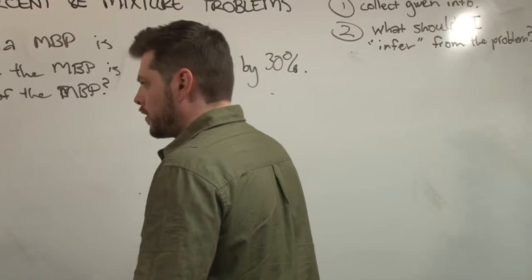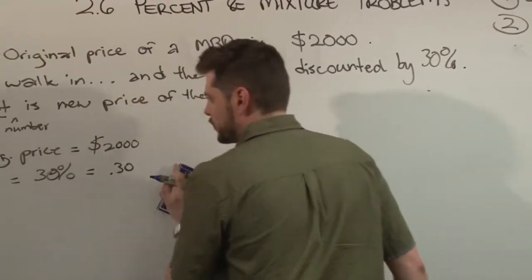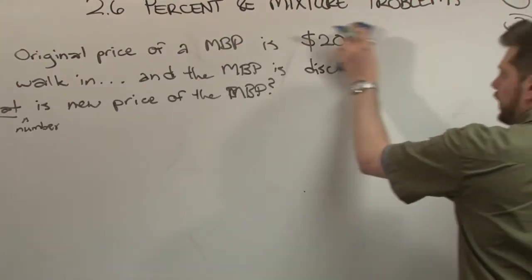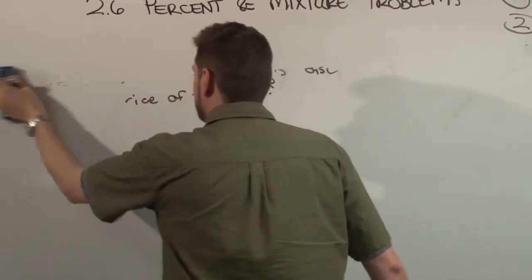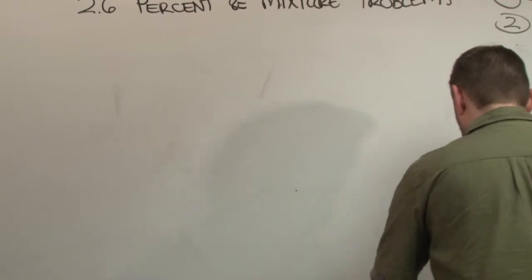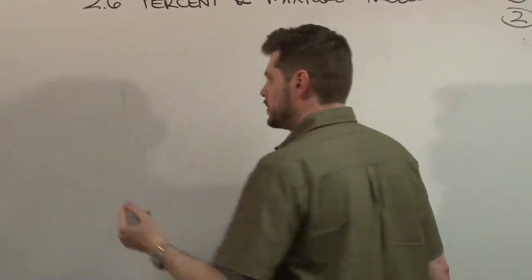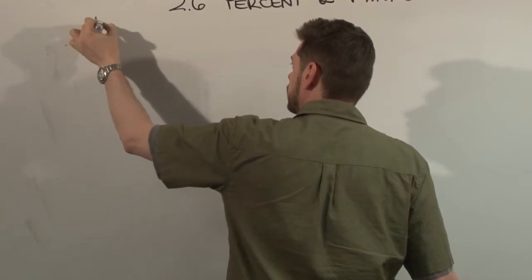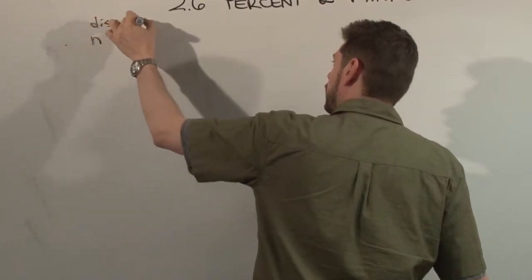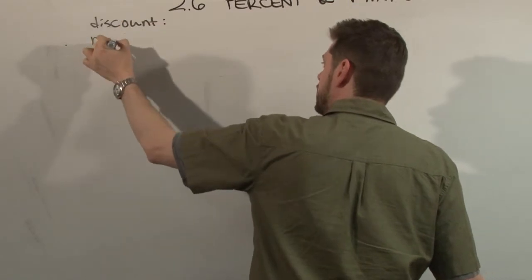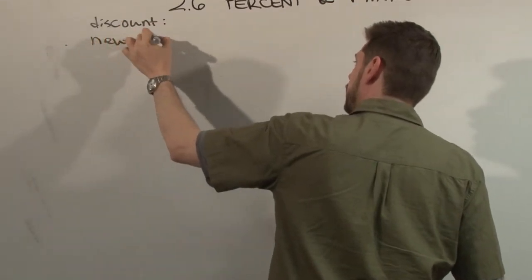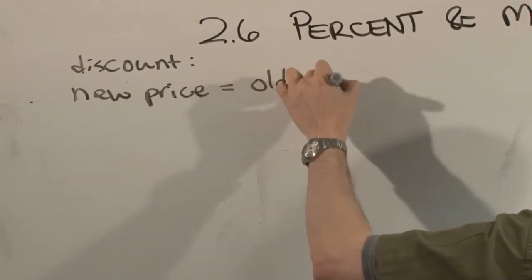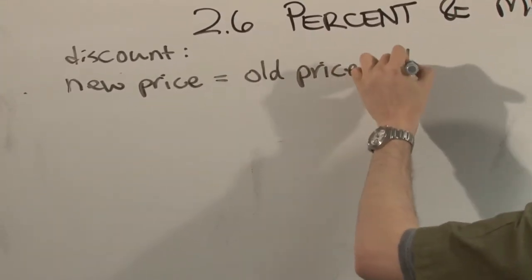So I was going to do a markup problem, which is just sort of a discount problem in reverse. Instead, I'll just leave you with the abstract idea of what a markup is. So again, markups are things that we don't want to see. Discounts are things that we want to see. So for a discount, the formula is new price equals old price minus the discount.